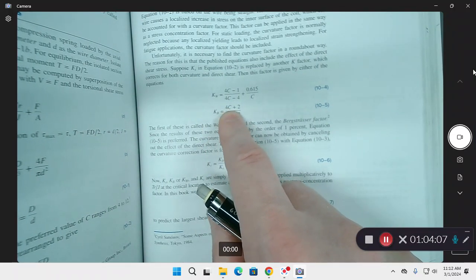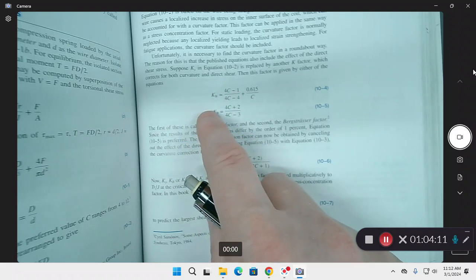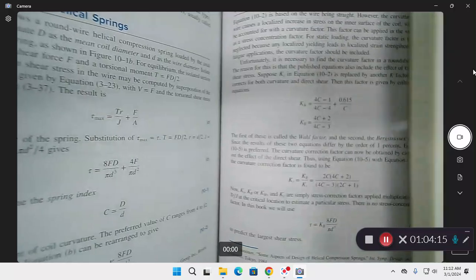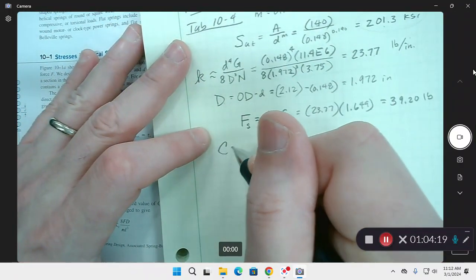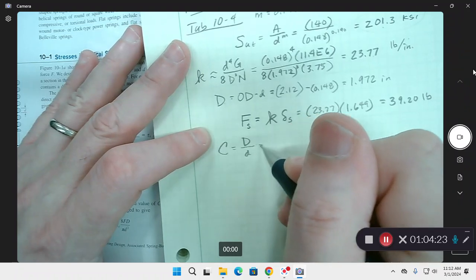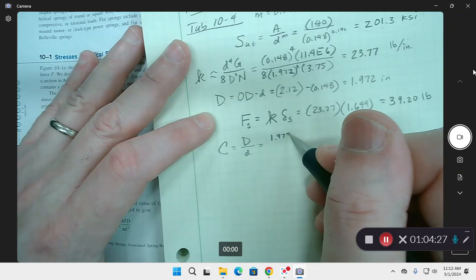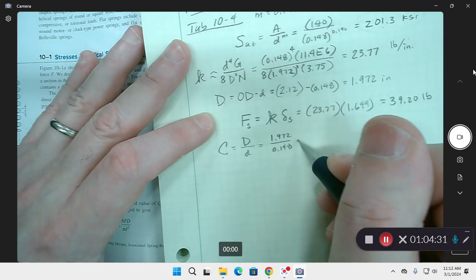Note that we need the index. So we'll look at the index first, get the Bergstrasser, and then plug it into there. The index is, remember it's D, not outside diameter, that D, so good thing we calculated it. 1.972 divided by 0.148.